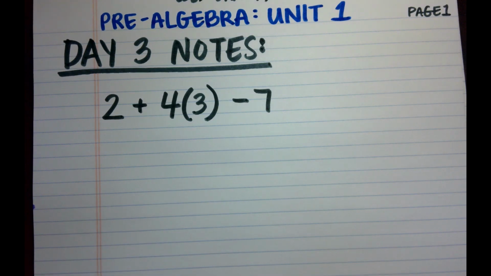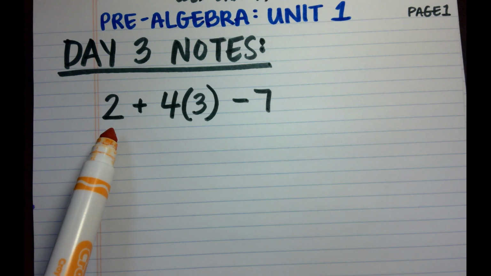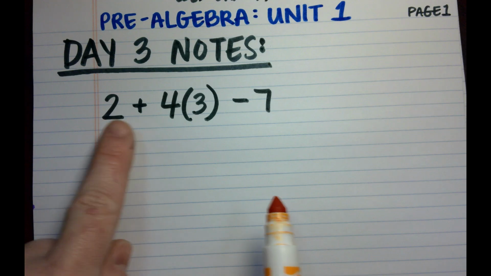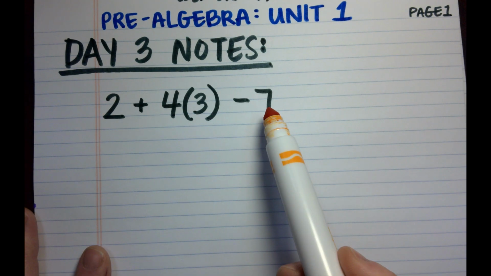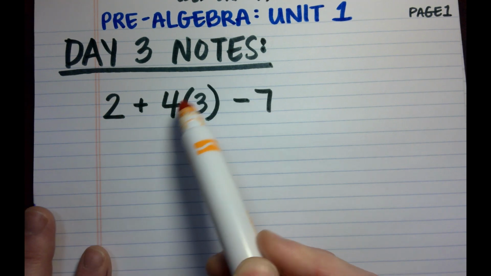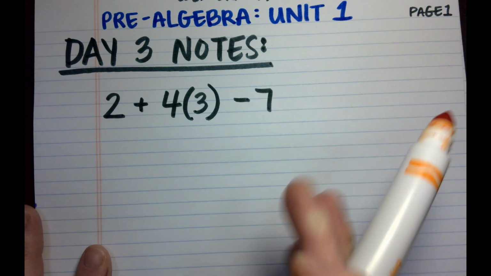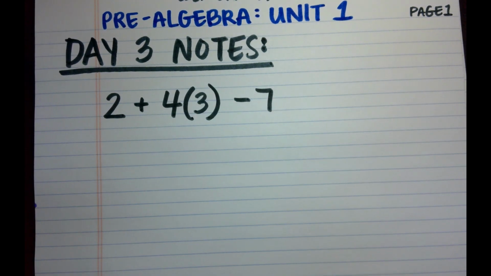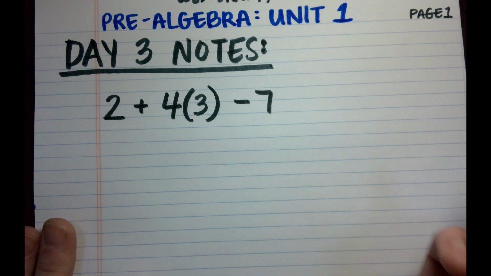There's 3 of them here. We need to know which one we have to do first. You do your times first. If we do this just from left to right, 2 plus 4, take that times 3, and then minus 7, we aren't going to get the right answer. We have to do things in a very certain order to get them done correctly.